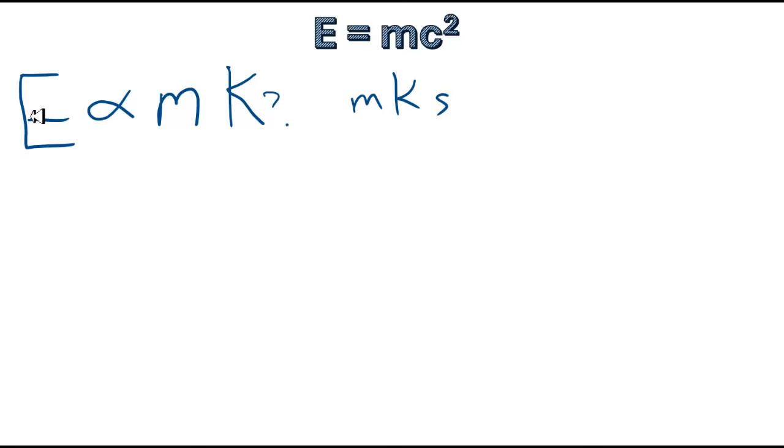Once this is calibrated, then we can write E is equal to mass times the proportionality constant, which happens to be c squared. So c squared is a constant, and it is the proportionality constant between mass and energy.